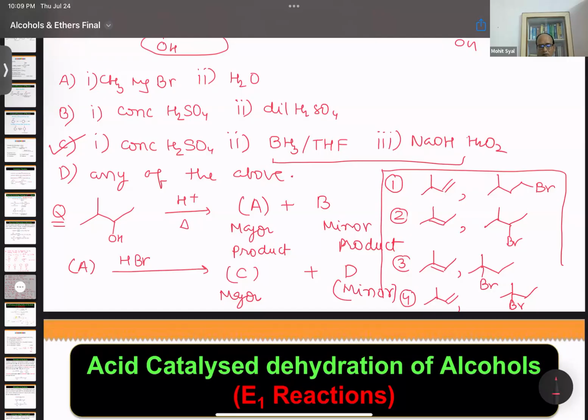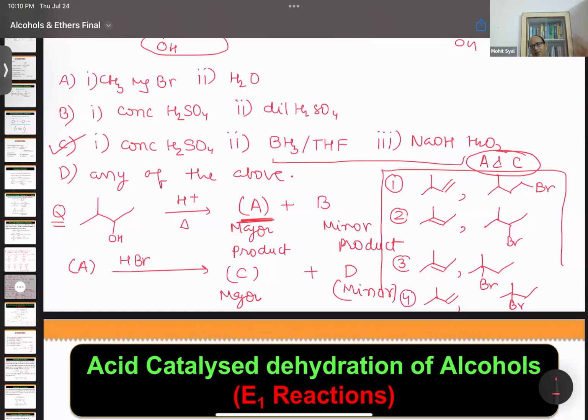When I am asking you to get the alkene, main alkene, you need to tell me the structure of A and C. Got it? So we are going to get the Saytzeff alkene.